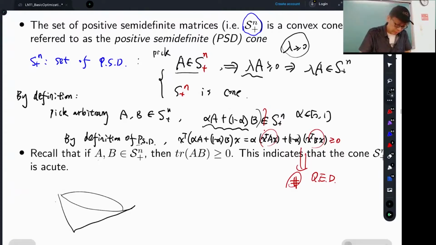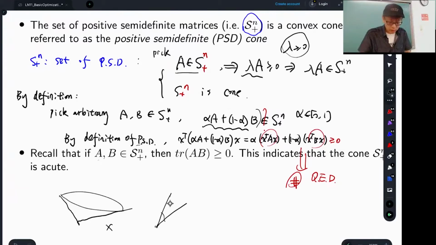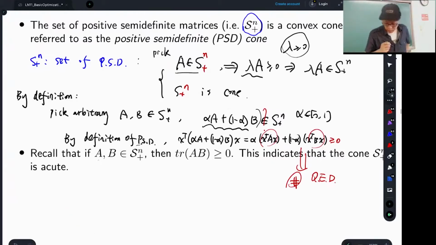The cone will have an acute angle. You are going to show that in your homework. I think some students are familiar with it, so I'm a little faster than I should be.